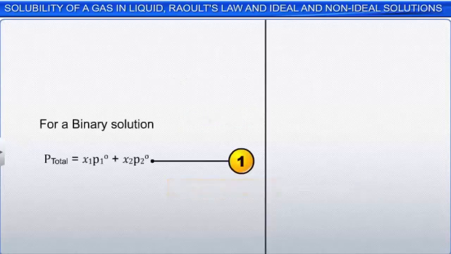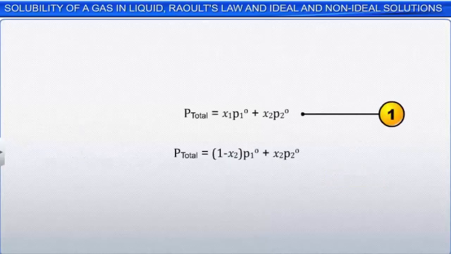Further, you know that for a binary solution, the sum of mole fractions x1 and x2 is equal to 1. Or we can write x1 equal to 1 minus x2. Now substituting for x1 in equation 1, we get P total is equal to (1 minus x2) P1 naught plus x2 P2 naught.